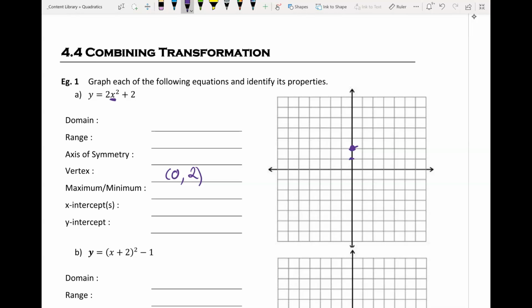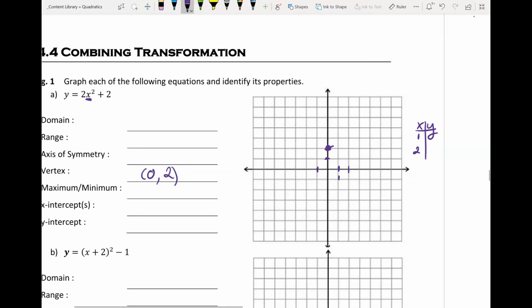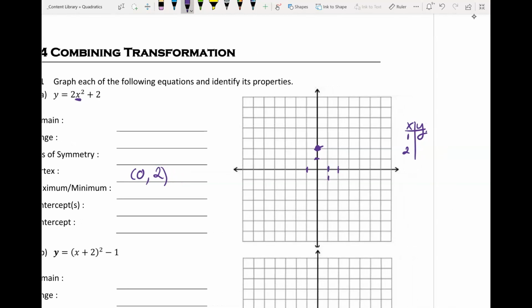To find the next point, we can use a table of values. So we can look at x equals 1, and if you want, even x equals 2. Okay, so that's 2 times 1 squared plus 2, just by plugging the 1 back into the 2x squared plus 2.